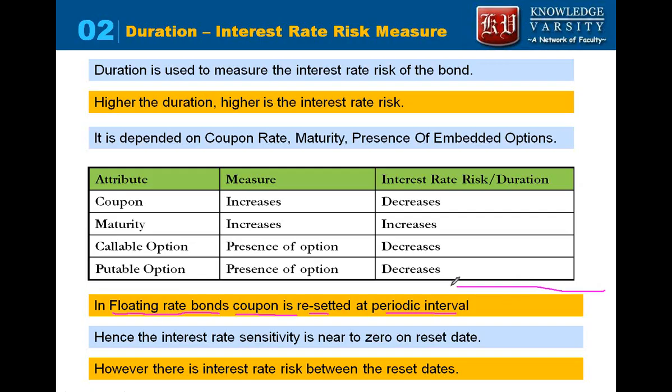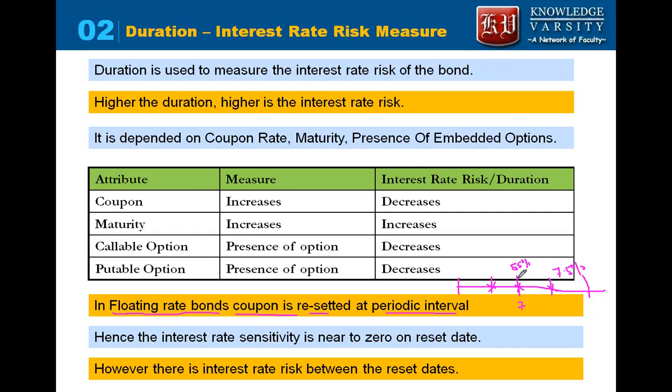Let's say the coupon payment is done every 1 year. Here the LIBOR was 5%, so you will say that next year the coupon that will be paid is 5.5%. If the LIBOR has changed to, let's say, 7%, you will say that next year the coupon you will pay is 7.5%.